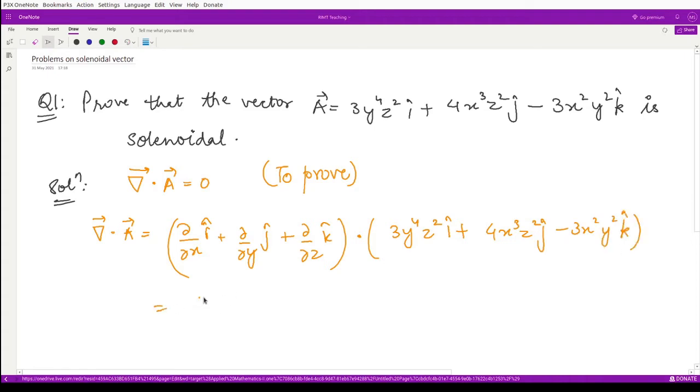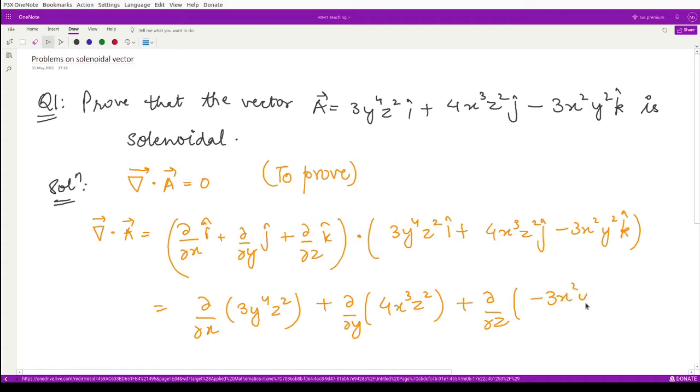When you perform this dot product, you have del by del x of 3y to the power 4 z square plus del by del y of 4x cube z square plus del by del z of minus 3x square y square.